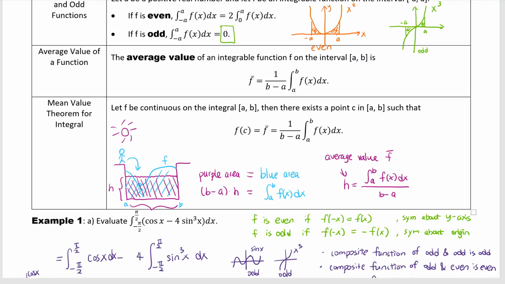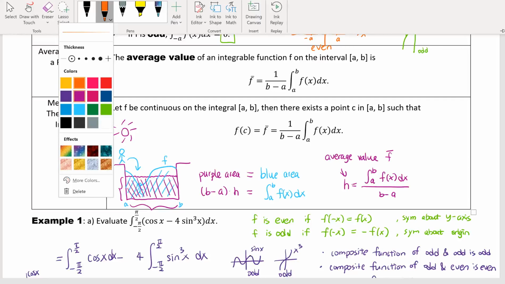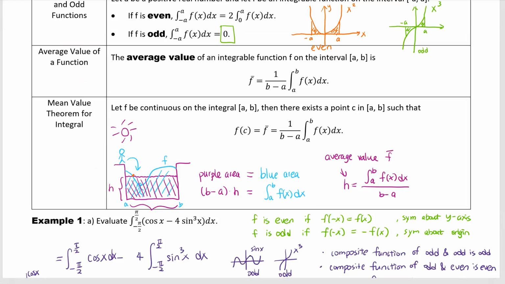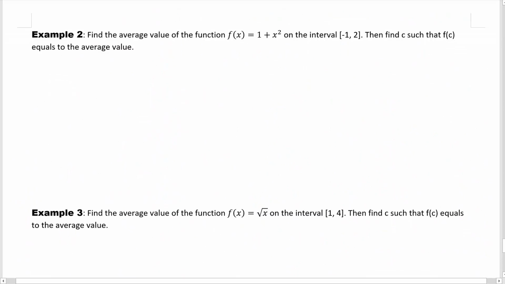Because f is continuous, from this picture you can see we have some points c such that f of c equals the average value. So we can find those c. Keep this cute picture in mind. Let's work on our examples.